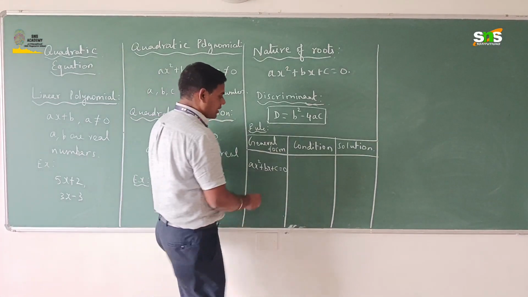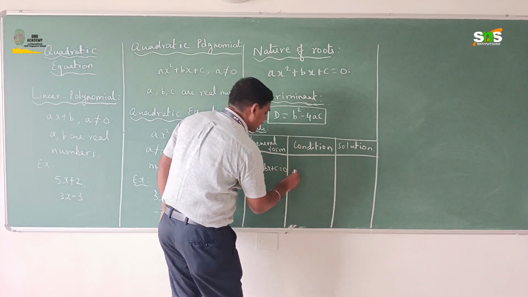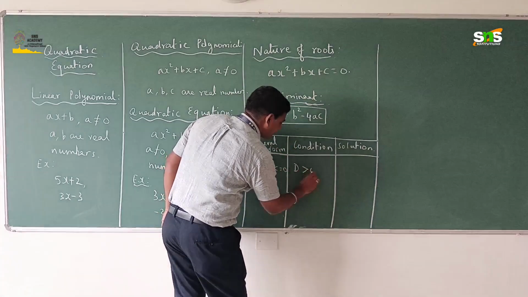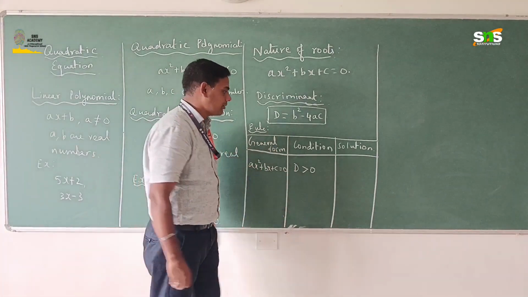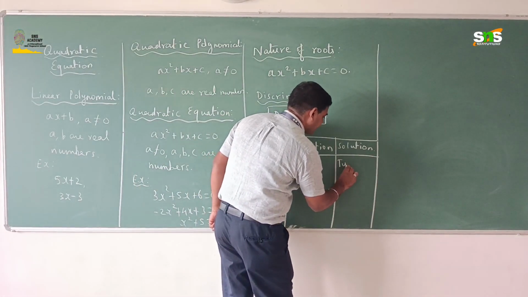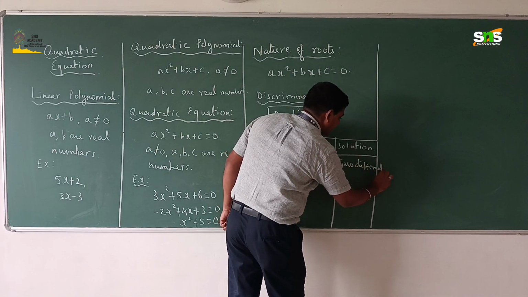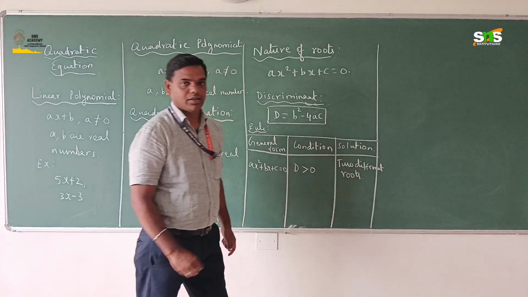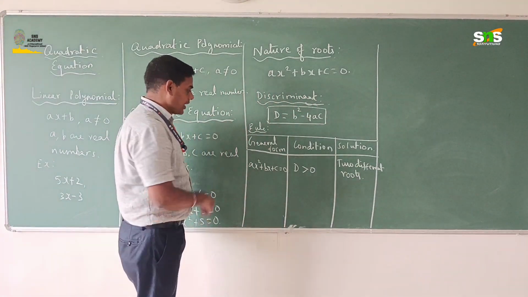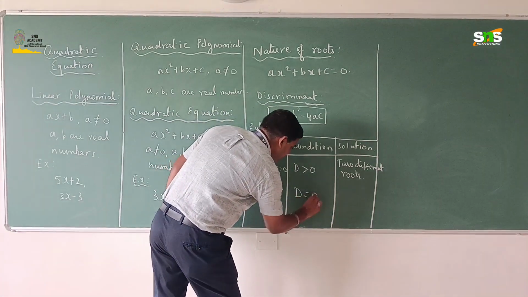For the condition, we substitute the values and check: if the discriminant D is greater than 0, we will get two different roots, that means two different solutions.